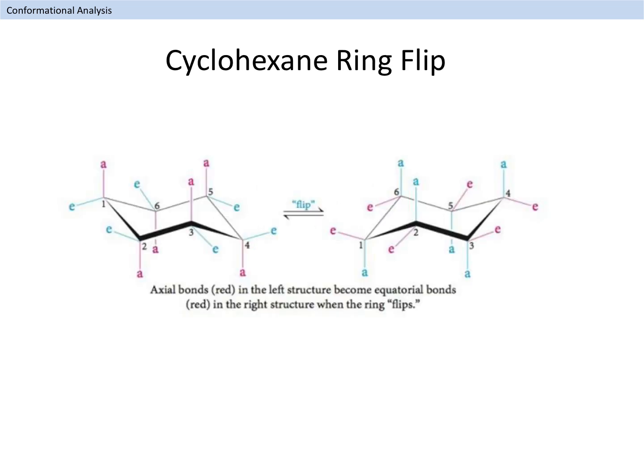Recall that cyclohexane is rapidly interconverting between the 2 most stable chair conformations in what is called a chair flip or ring flip transformation. When a ring flip occurs, bond rotations cause all of the axial substituents to rotate into equatorial positions. Additionally, all of the equatorial substituents rotate into axial positions.